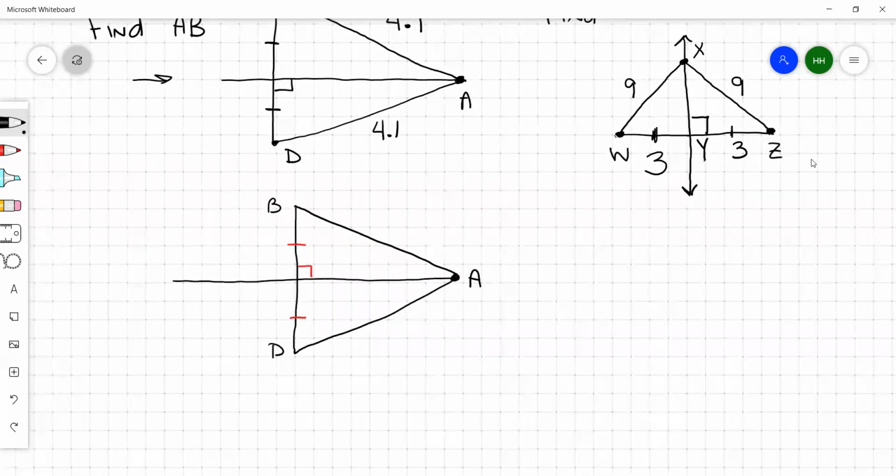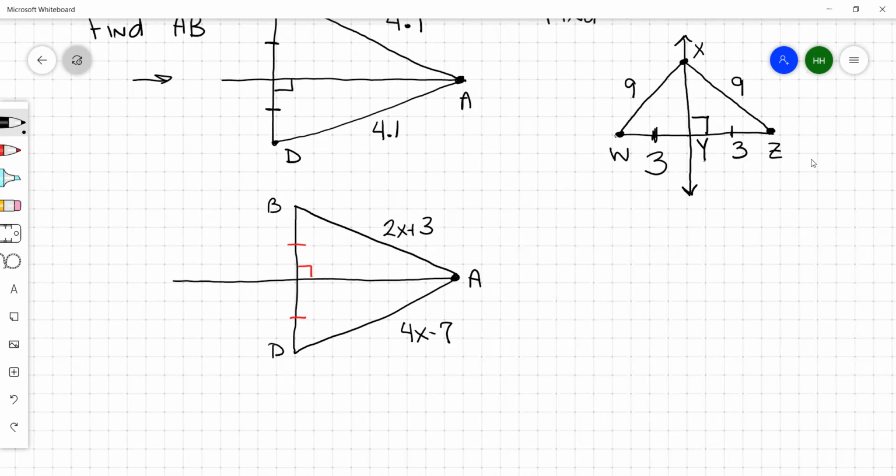And now you're told that A to B is 2x plus 3. And A to D is 4x minus 7. And you need to find the distance from A to B. All right, so now you've got two segments. You've got point A that's sitting on a perpendicular bisector.